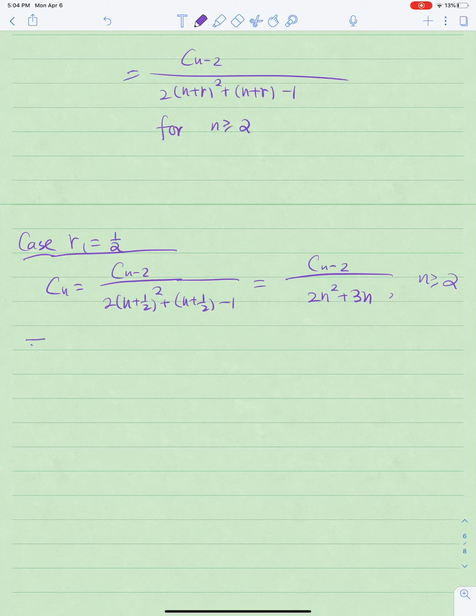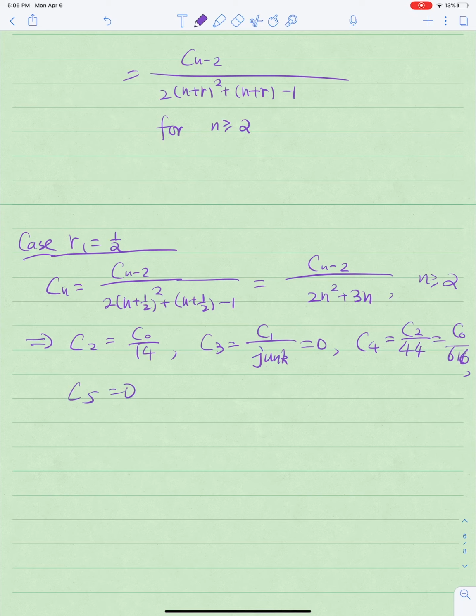And then we can write out the first several terms when n equals 2, n equals 3, n equals 4, n equals 5, n equals 6.